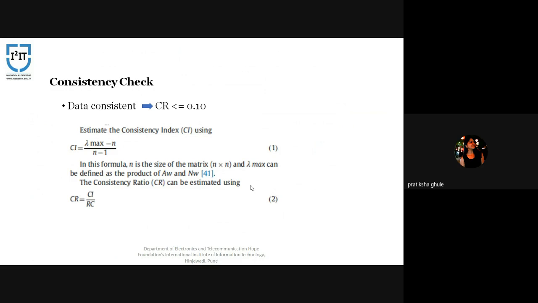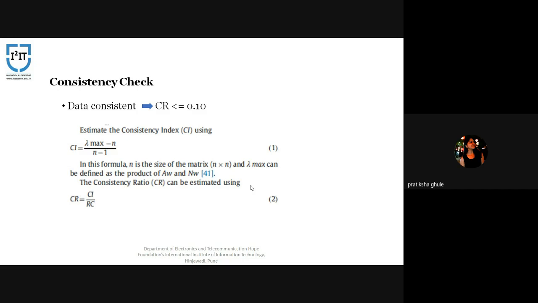Here you can see the statement I have given, that if CR is less than or equal to 0.10, then the data is considered to be consistent, and otherwise it is considered inconsistent and needs to be revised or rejected. I'll just give an example of what a consistency check is.